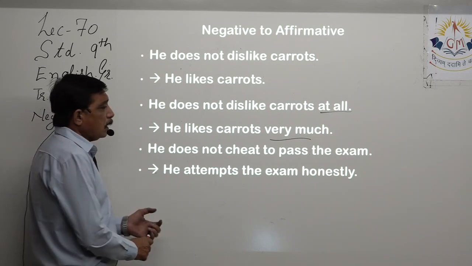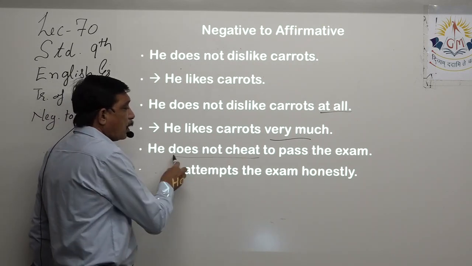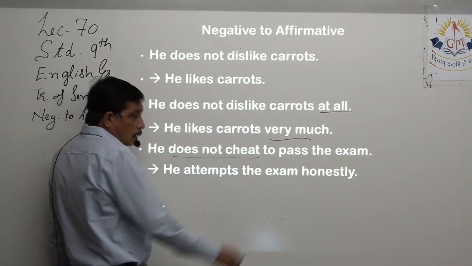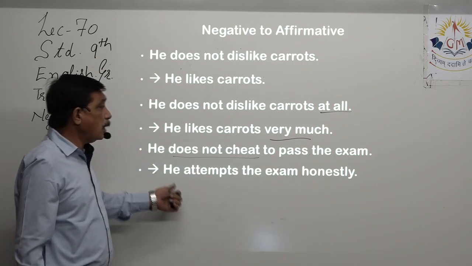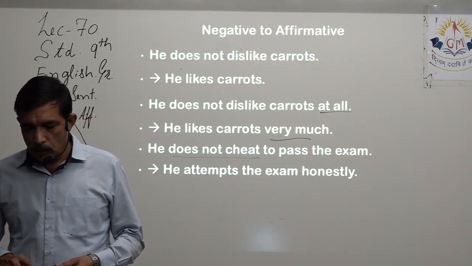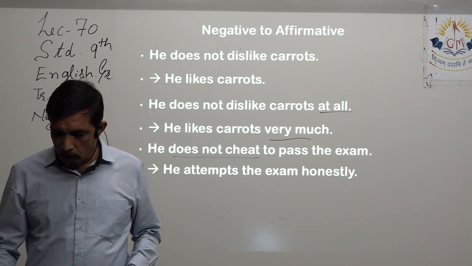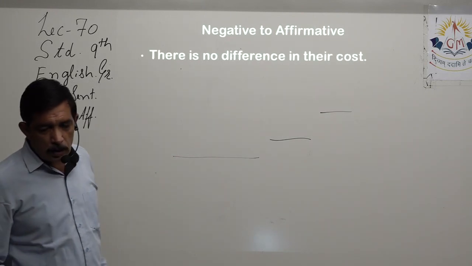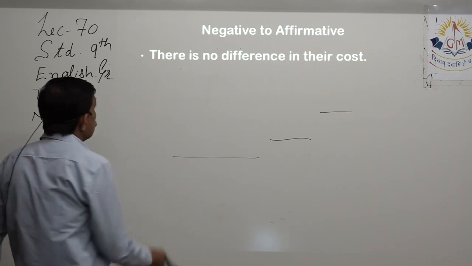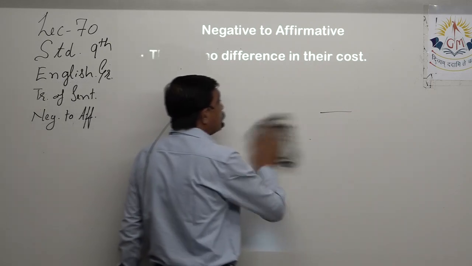Yes, honestly is the word used over here for does not cheat. Yes, to pass. So he attempts the exam honestly. A very good sentence. There is no difference in their cost.